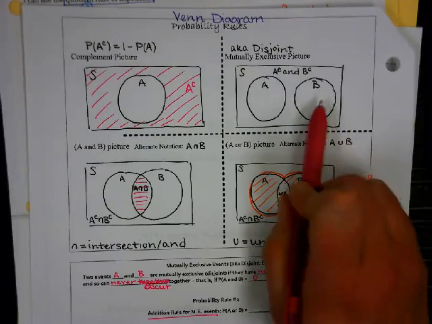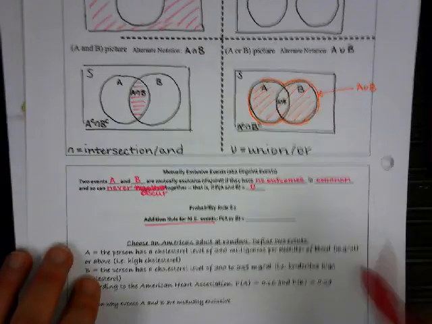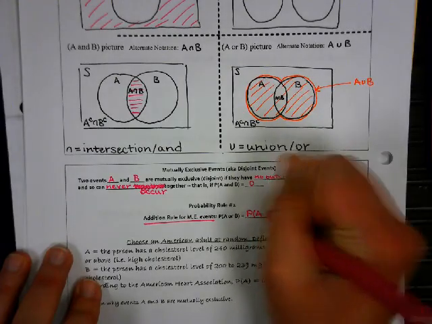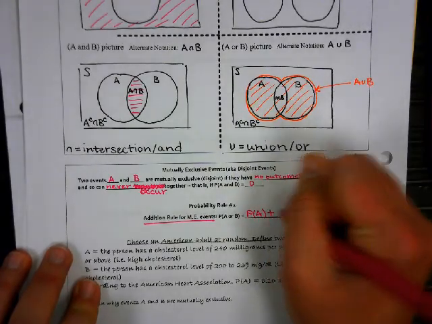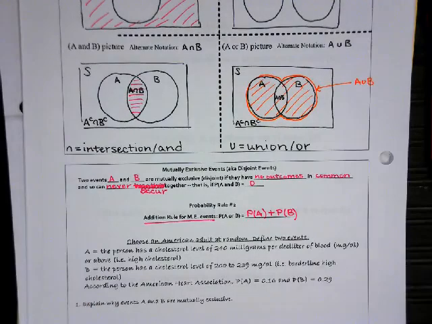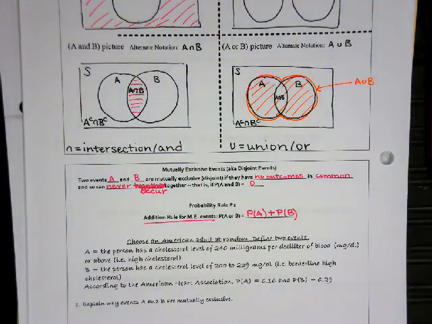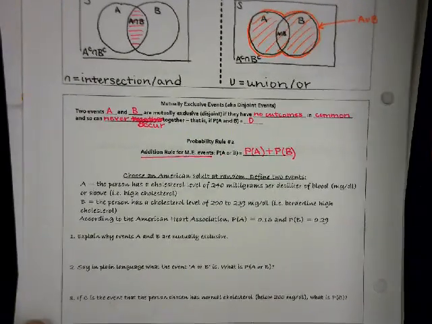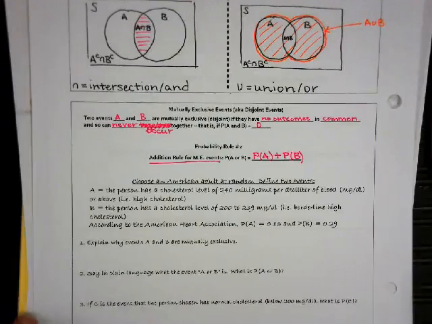So now we're going to look at an example problem to hopefully put it into a little more context. Our example problem says that we're going to choose an American adult at random. We're going to define our two events.